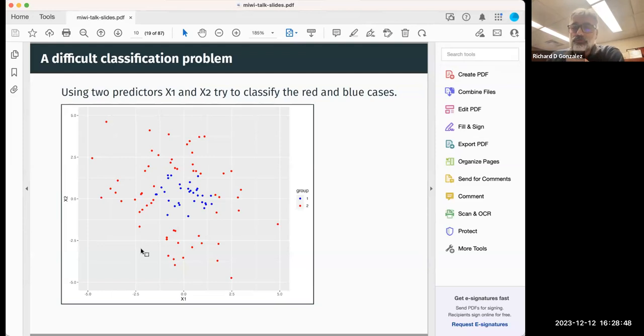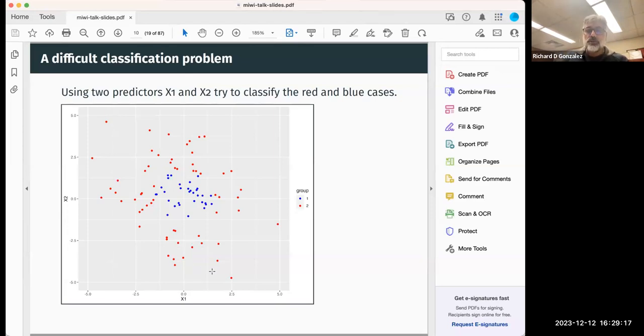There's no simple line that we could draw such that if you're on one side, you're in the red group, and if you're on the other side, you're in the blue group. It's a really complicated classification problem. Logistic regression cannot solve this. There is no logistic regression that can tell you, if you know X1 and X2 as the two predictor values, what's the probability someone is in the red group or in the blue group.